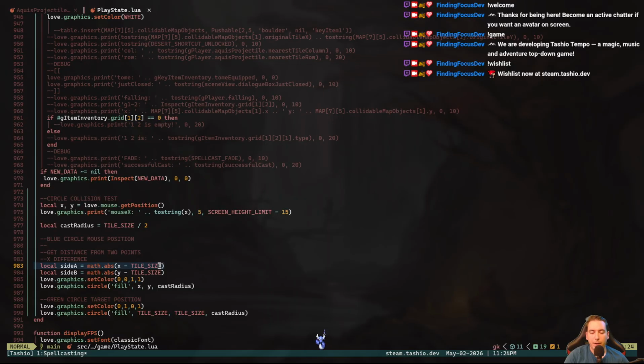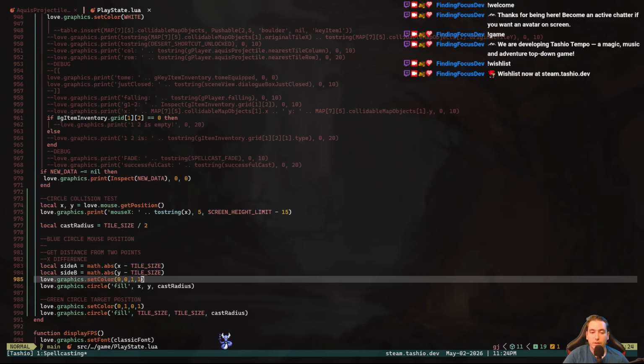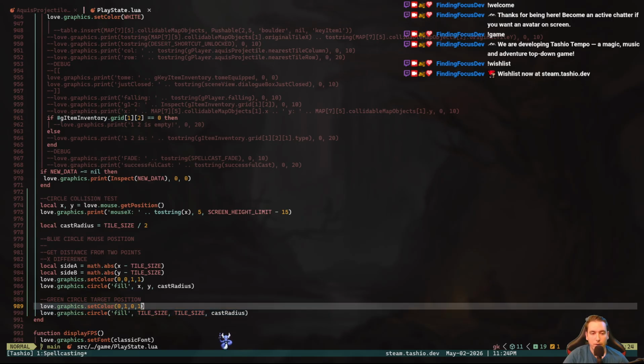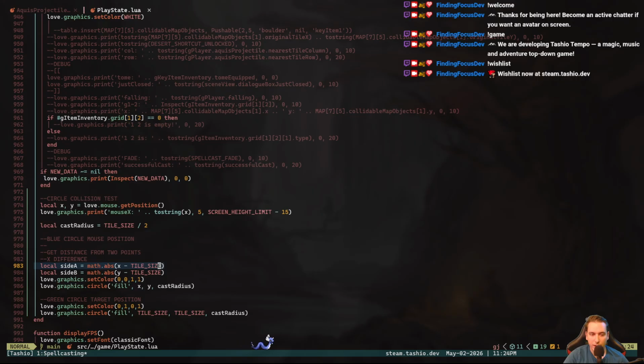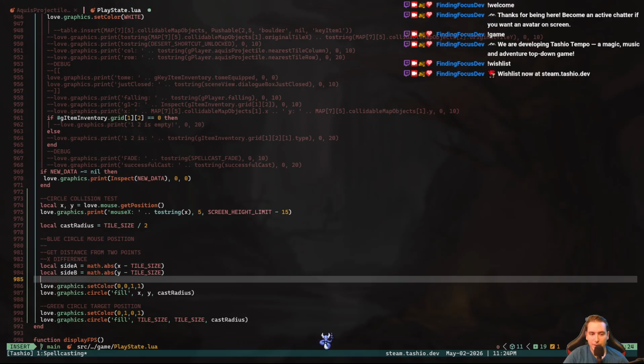Us meaning the mouse. So in this case, this would be the projectile x. That's what x is. The projectile's x minus tile size, which is the target position's x, which is why we're doing it here. So we take the difference of those x values for side A, and the difference of the y values for side B.